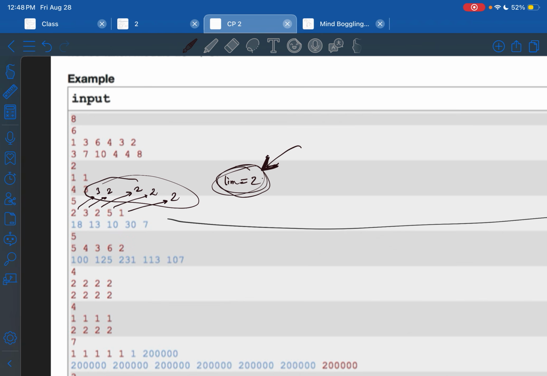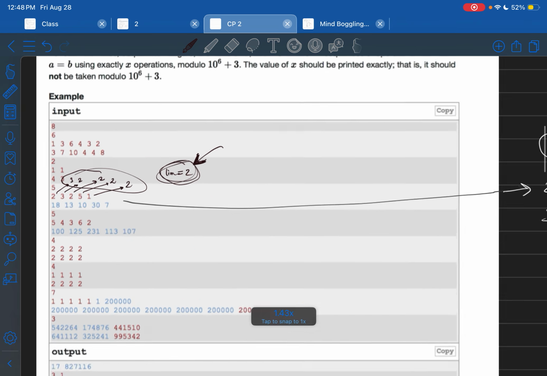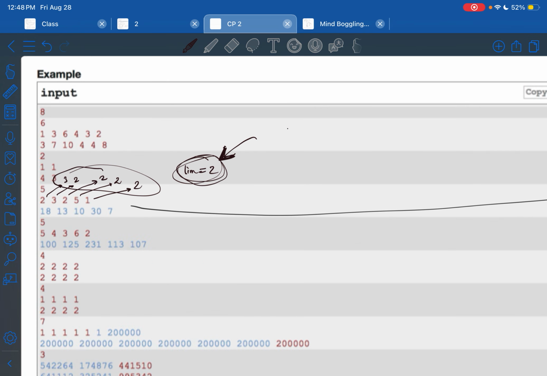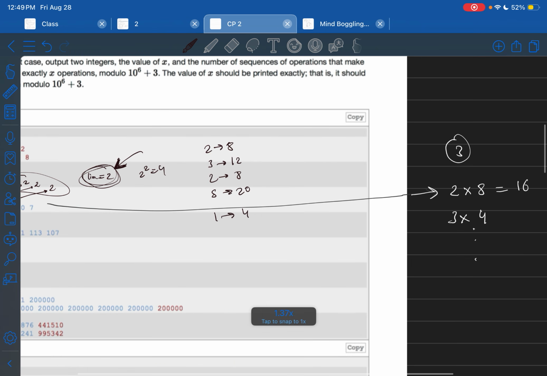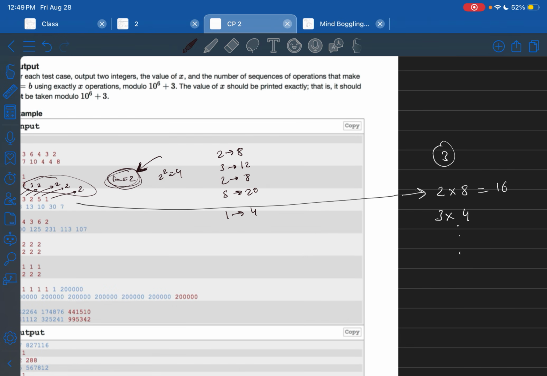So that's my limit. Now what happens when I multiply it by 4, that is 2 squared? So 2 becomes 8, 3 becomes 12, again 2 becomes 8, 5 becomes 20, and 1 becomes 4. Now this is the maximum amount of doubling that I can do.